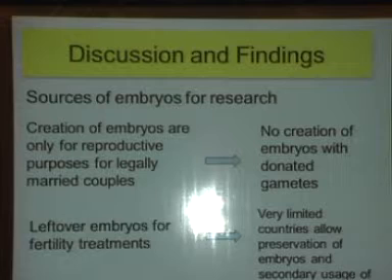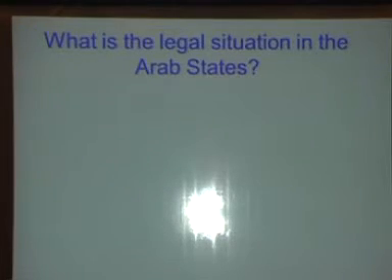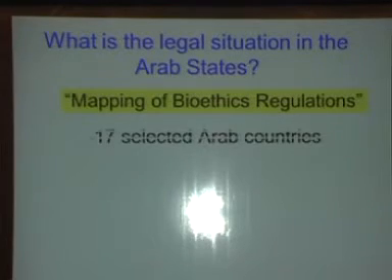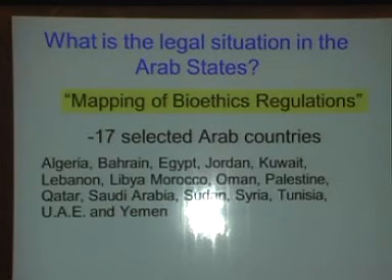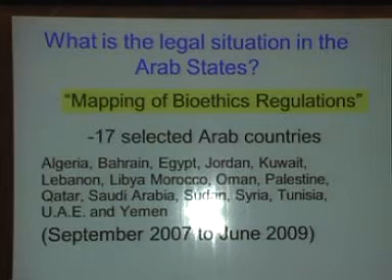Because they are not married, the gametes will not come from married couples, so there is no place to go back. There is no chance that somebody would claim this embryo as their child. So it is more clear that it can be used only for research. That was quite an interesting argument, which is very peculiar, based on Islamic thinking.